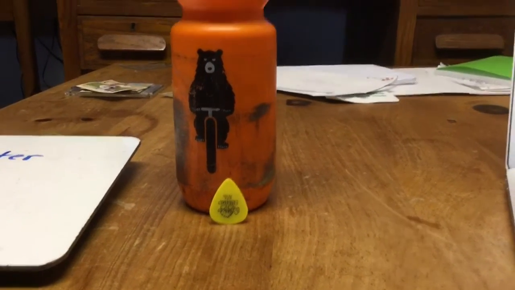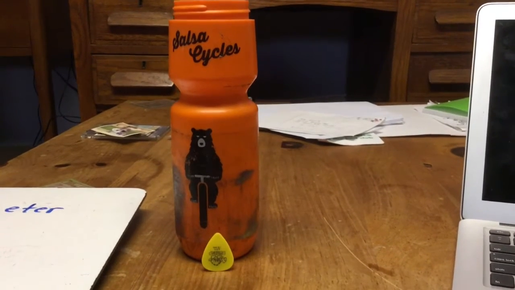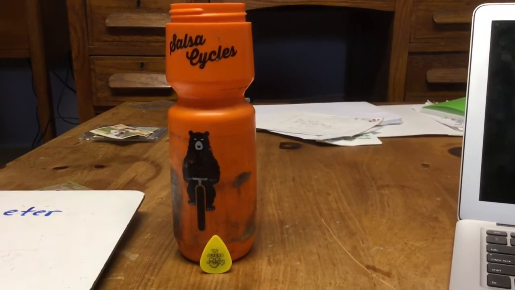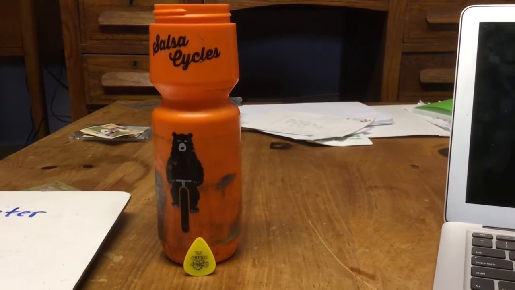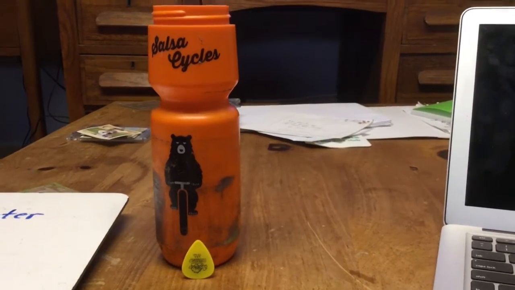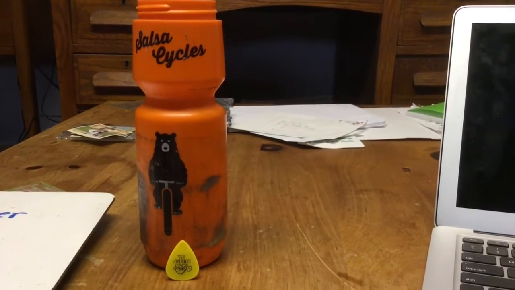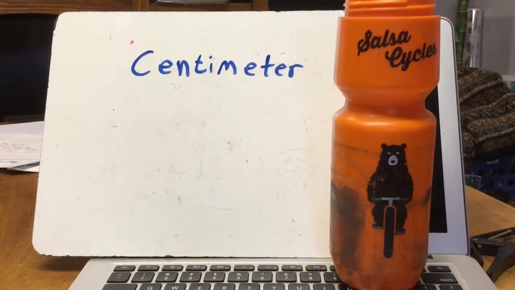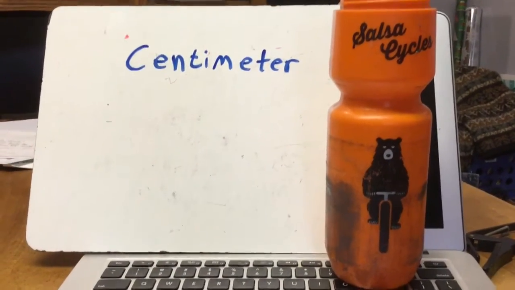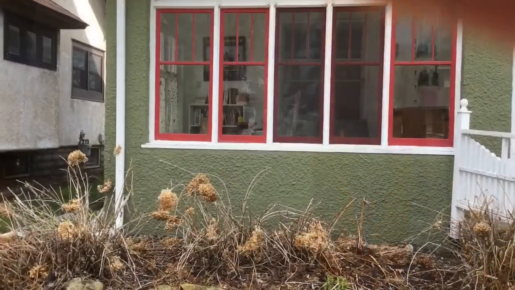Okay, pretend I'm asking you to measure this water bottle. I left a guitar pick there to show you the size difference. What metric measurement unit would I use? Bigger than that, but not too big. The correct unit this time, centimeters. Measure that water bottle in centimeters.